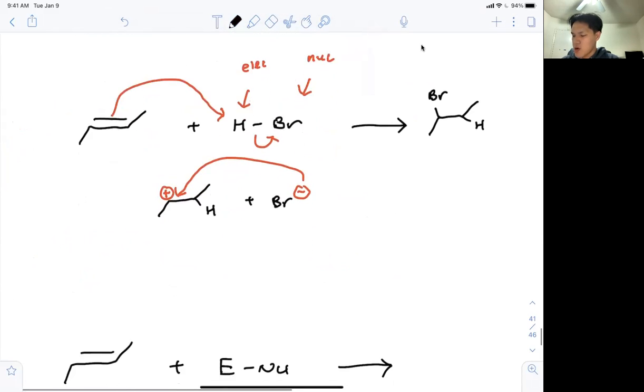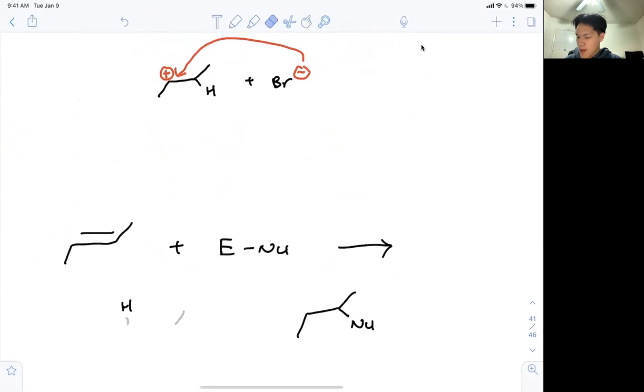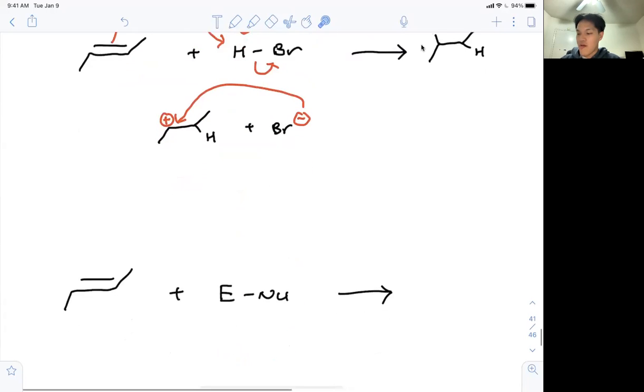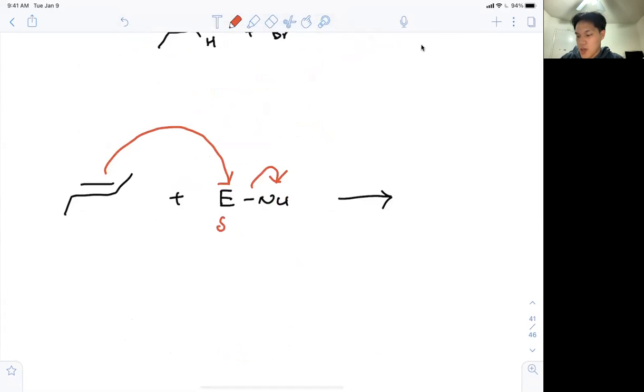So let's look at the general reaction. I said that hydrogen is going to act as our electrophile, right? And we have here E as an electrophile, and then the leaving group, which was bromine, is going to react as our nucleophile. And again, the general reaction is it attacks an electrophile because it has a delta positive, and then this nucleophile has a delta negative, and then it gains that electrophile on either carbon number 2 or carbon number 3.